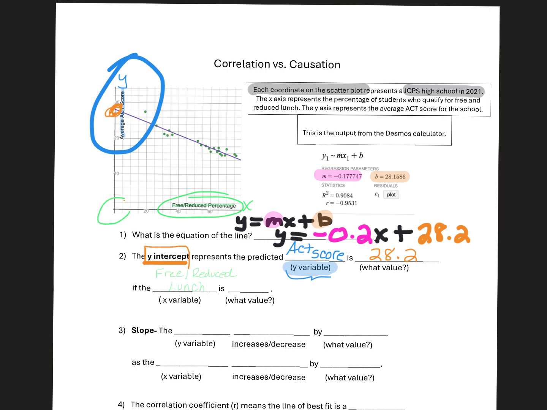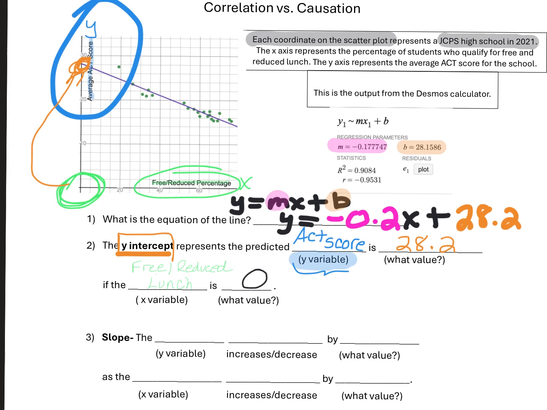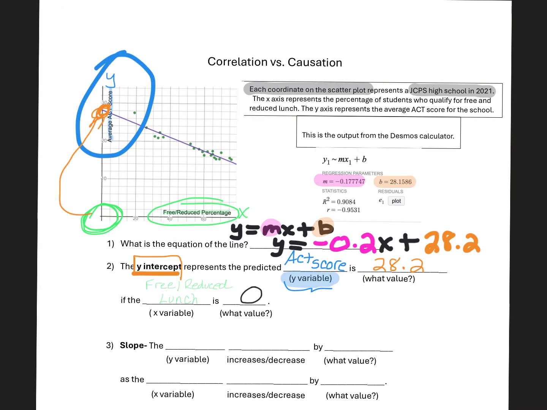Well, free and reduced lunch has to be 0 so that the coordinate can be up here at the y-axis. So for your y-intercept, your x value is always going to be 0, because it's got to be over here at 0 for it to go up to the y-axis.